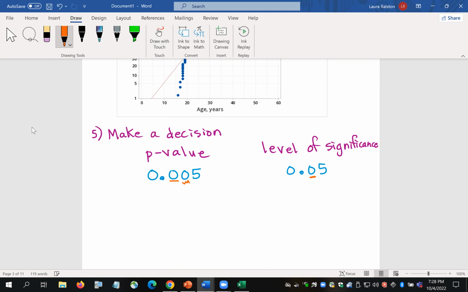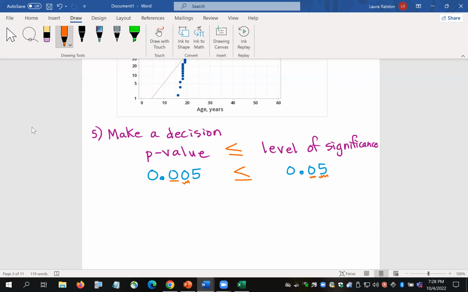If I look at the second digit, they're not the same, and I can compare them just like regular old numbers. So 0 compared to 5. 0 is less than 5, so the p-value is less than or equal to the level of significance.